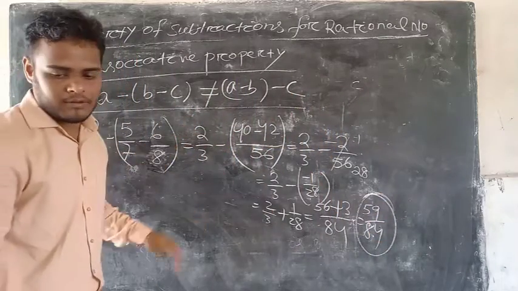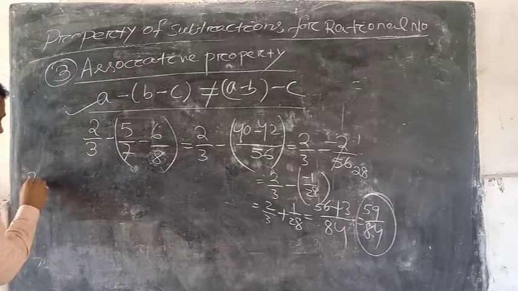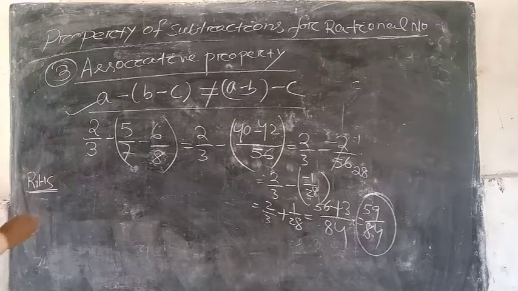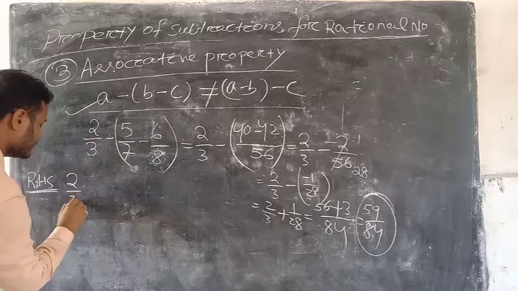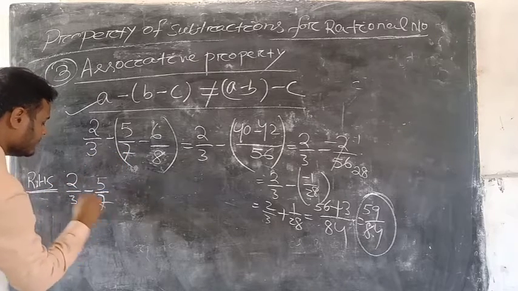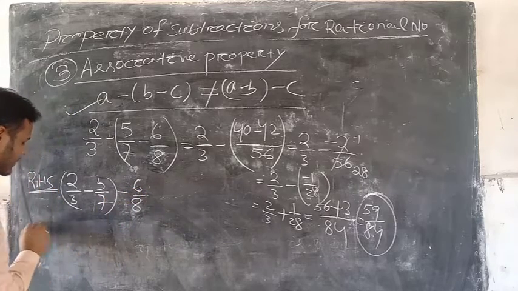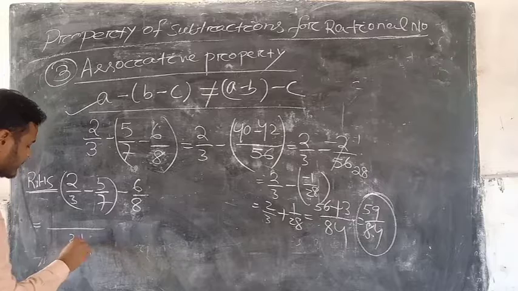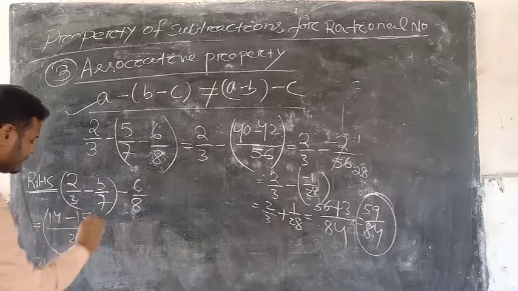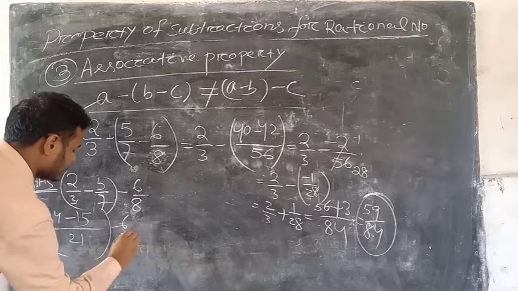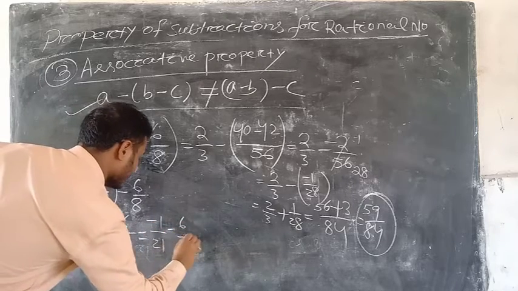Now I will go for the right-hand side. I will pair the first two terms: (2/3 minus 5/7) minus 6/8. 2/3 is 14/21 and 5/7 is 15/21, so this is minus 1/21 minus 6/8.